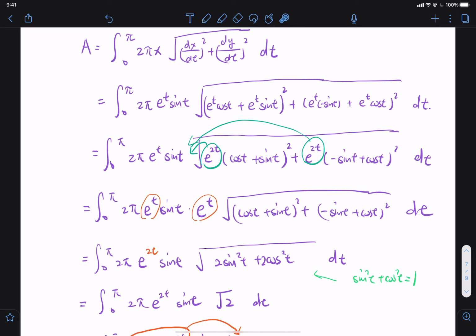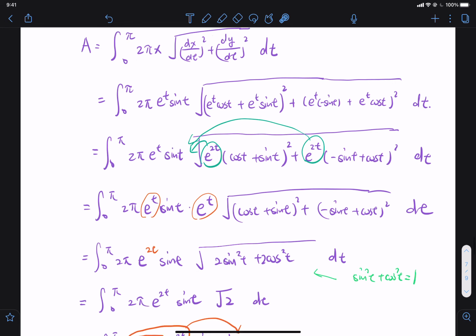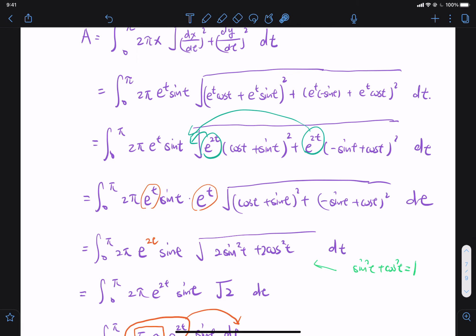And then we're gonna open the bracket, right? When you open the bracket, you can anticipate that you will have cos²t and sine²t here, and also cos²t and sine²t here. And the middle term in this term is gonna be 2 times cos t sine t, but in that term it's gonna be negative 2 sine t cos t.